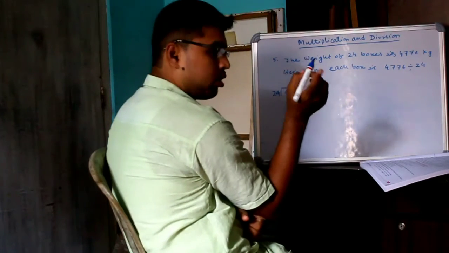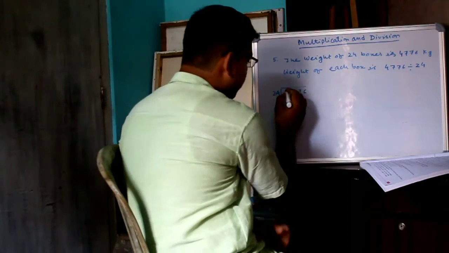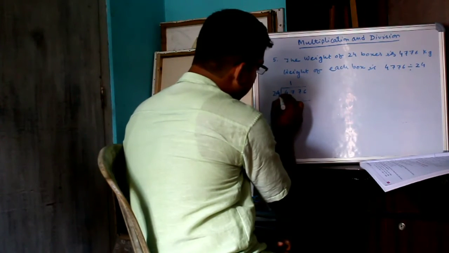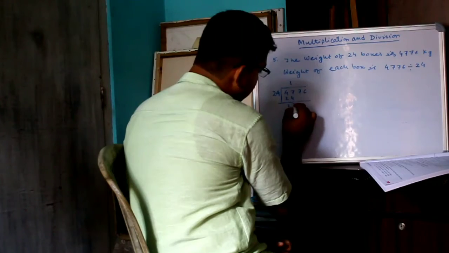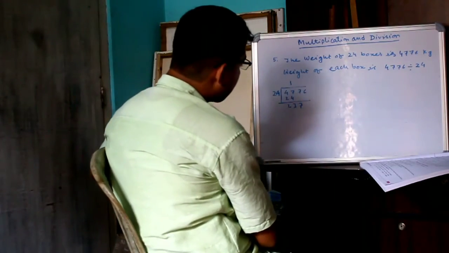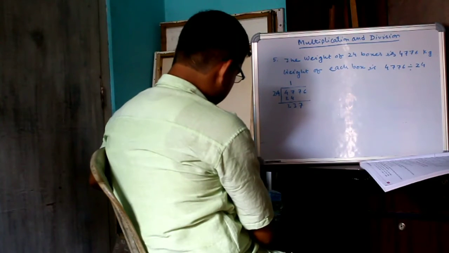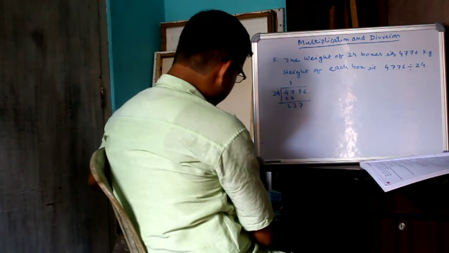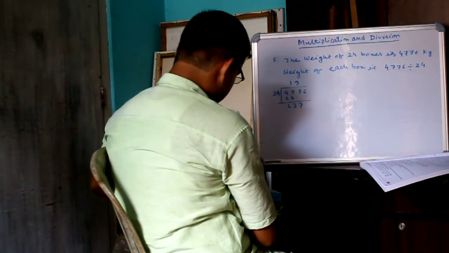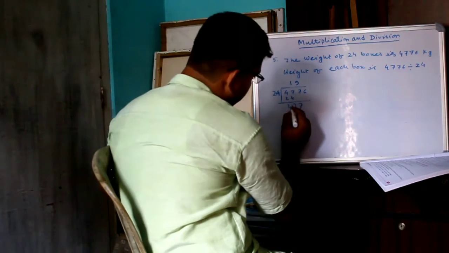24 into 2, 48. But here 1, 24. 2, 3, 7. So 2, 3, 7 divided by 24, 9 times. 24 into 9, 216.